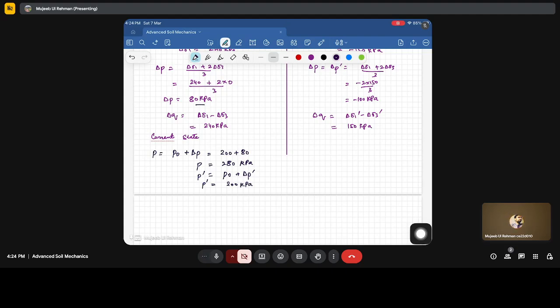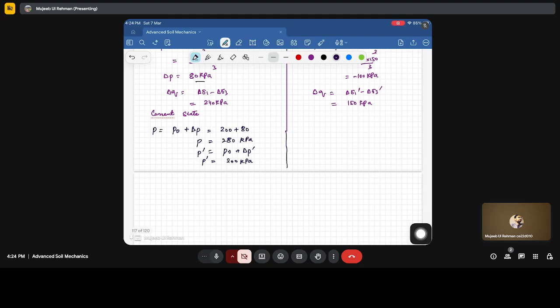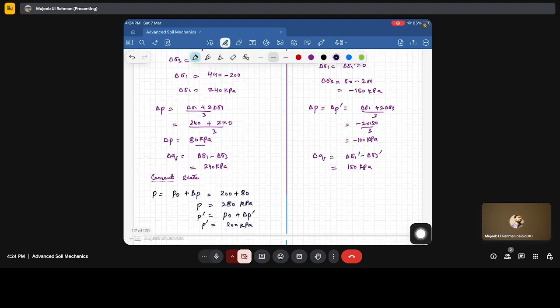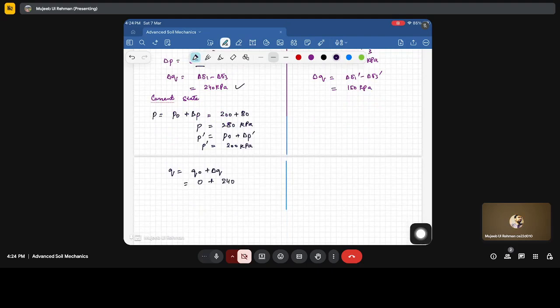What about Q? Q is equivalent to Q naught plus delta Q. So it was 0 plus delta Q, which is 240. So it is 240 kPa.